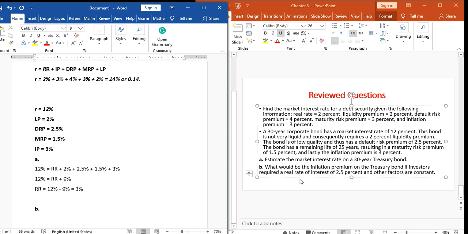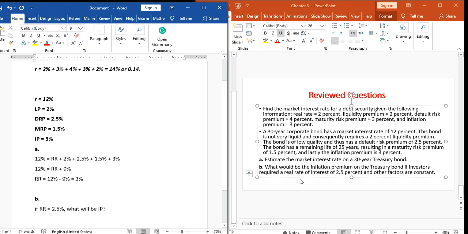So this time the question is asking, if RR equals 2.5%, what will be the inflation premium? Very straightforward.